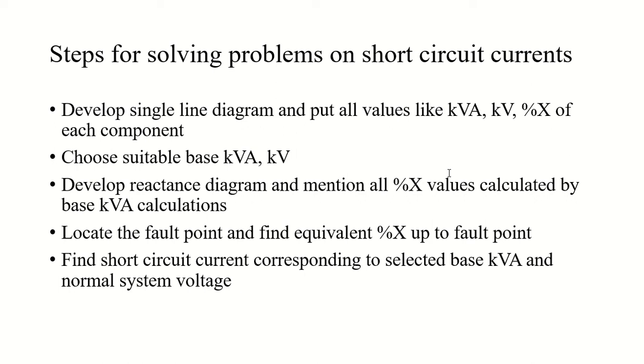After that, we will take a suitable base of kVA and kV, and based on that, we will develop a reactance diagram, and we will mention all the percentage reactance values which we have calculated with the help of base kVA. Then we will locate the fault point and find the equivalent percentage resistance and percentage reactance up to that fault point.